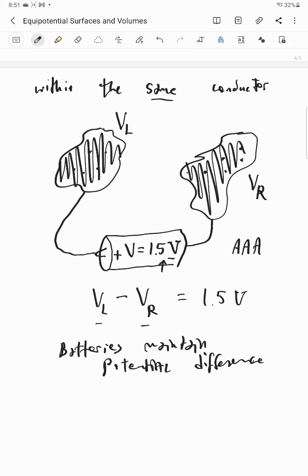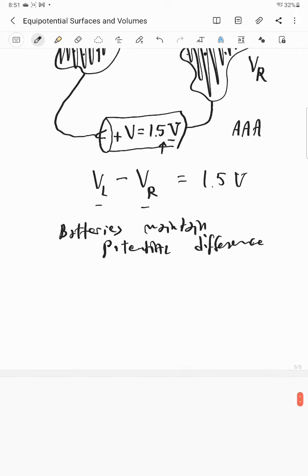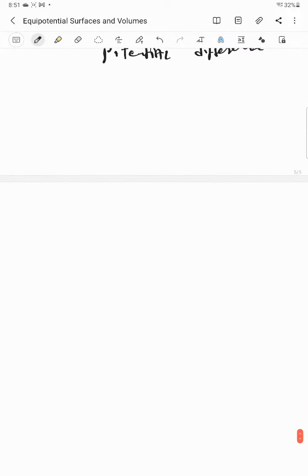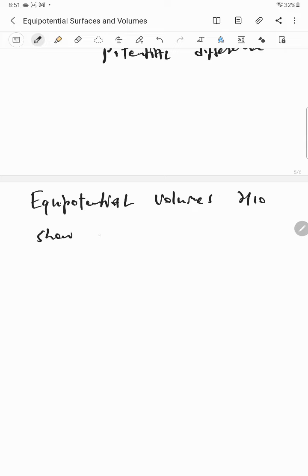Okay, so I'm going to move on just a little bit further. So equipotential volumes also show up in non-conductor situations, right?